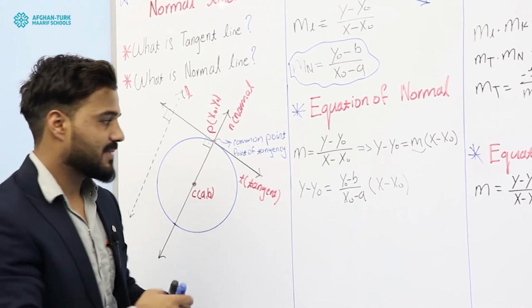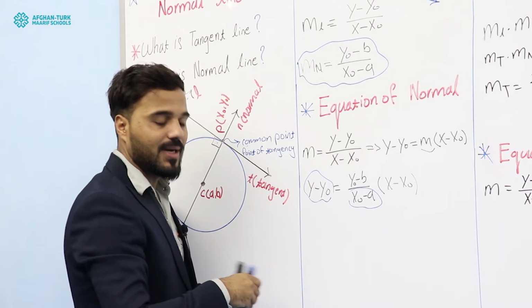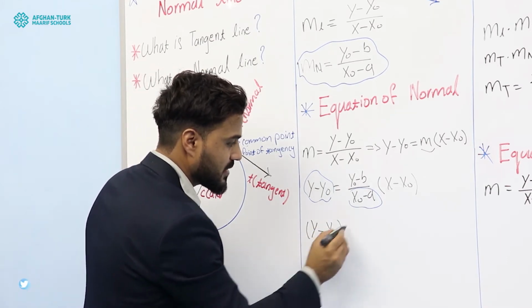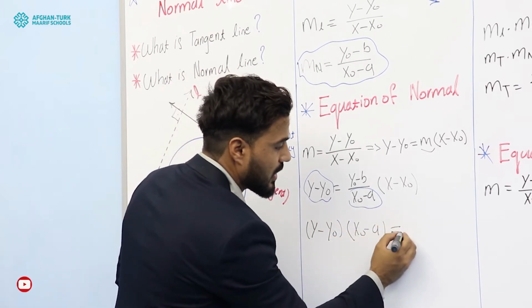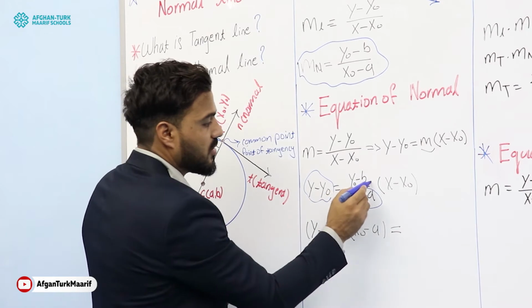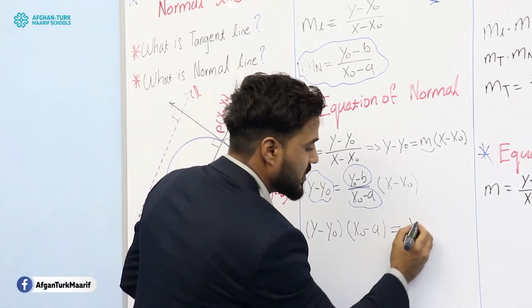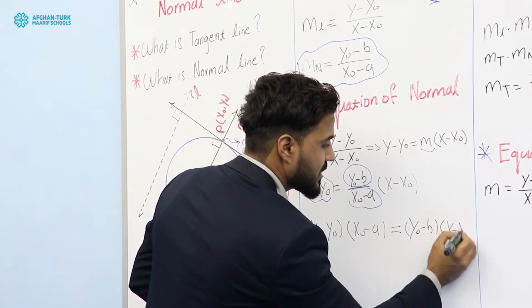So when we simplify this equation, we will get the equation of normal line. Y minus y0 times x0 minus a is equal with y0 minus b times x minus x0.